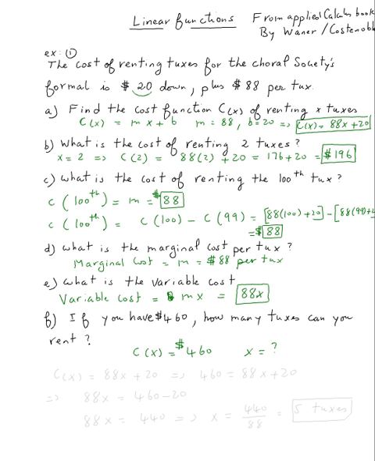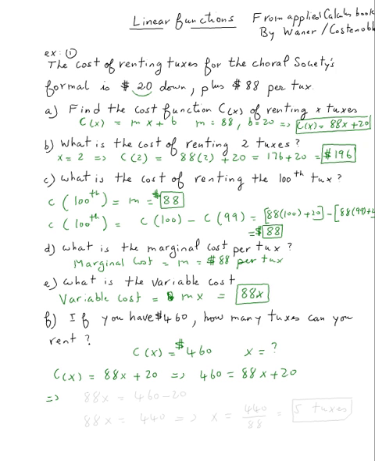So in other words, just plug it in for C of x. We know that C of x is equal to 88x plus 20. So if we plug in 460 for C of x, then all we need to do is solve for x.